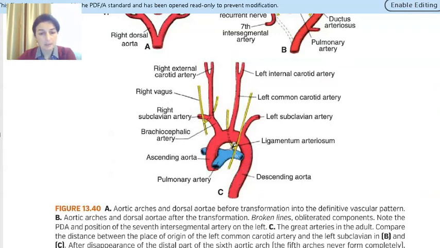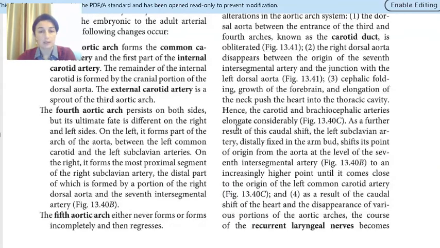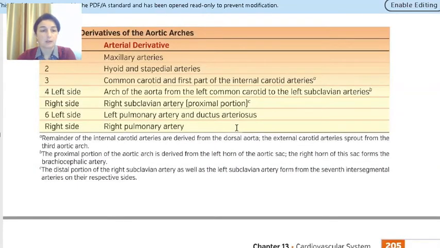But in the left side, because the ductus arteriosus persists, this connection is not lost. Because of the connection between the pulmonary artery and the aortic arch, this nerve here will hook around the arch of the aorta. That is also something we have to mention and we have to know.